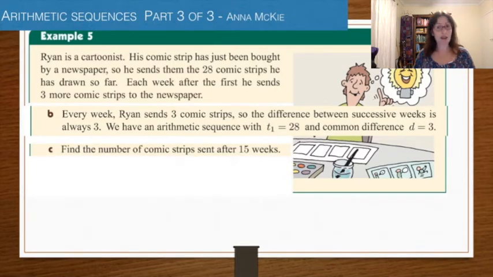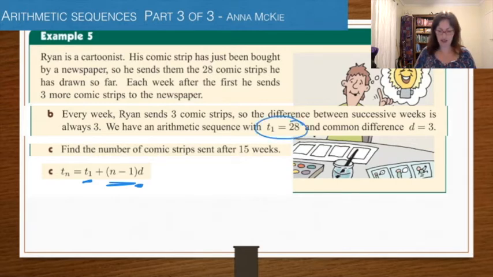Moving on to part C, find the number of comic strips sent after 15 weeks. So it's our 15th term in that sense. We need to write out our general formula. Here's one I prepared earlier. So here is our first term, n take 1 times d, substituting in what we've identified here, 28 for our first term and d equals 3.